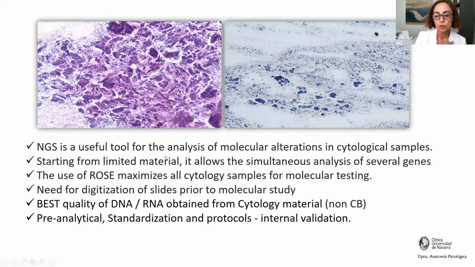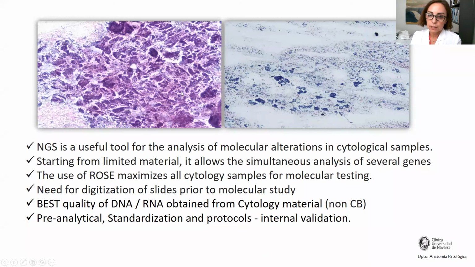NGS is a useful tool for the analysis of molecular alterations in cytological samples. Starting from limited material, it allows the simultaneous analysis of many genes. The use of ROSE maximizes all cytological samples for molecular testing. We digitalize the slides prior to the molecular studies because we lose the slide, so there is a need to digitalize the slide.